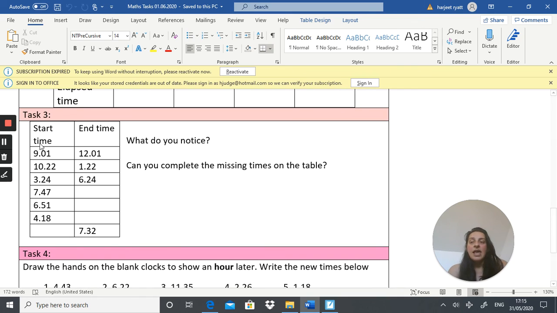Task 3 gives you start times and end times. Okay, it says, what do you notice about start time and end times, and can you complete the missing times on the table? So, as a clue, the first 3 start times and end times, you'll work out a pattern. And once you've worked out the pattern, you'll be able to work out the missing times, 3 missing times here and the missing time there.